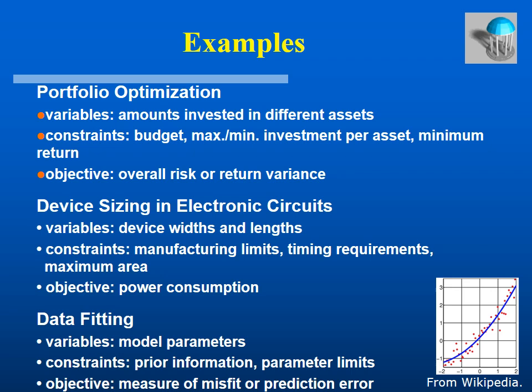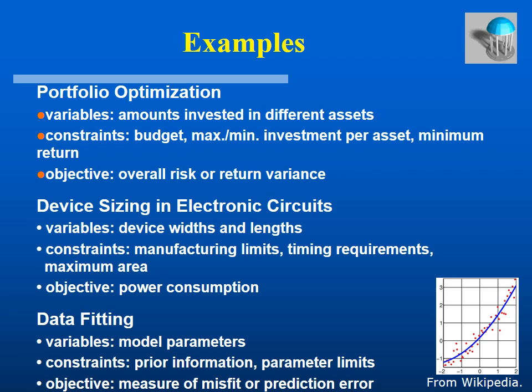So we have a list of assets, and x1 is the amount we have invested in asset 1, x2 is the amount to be invested in asset 2, and so on. And the constraints may be we have a total budget, so the sum of the amounts may have to be less than or equal to some budget level. We may be unwilling to invest more than some particular amount for each asset.